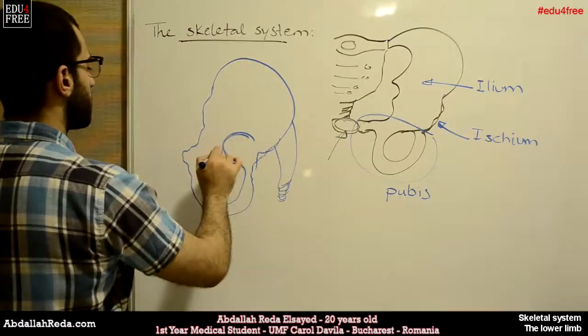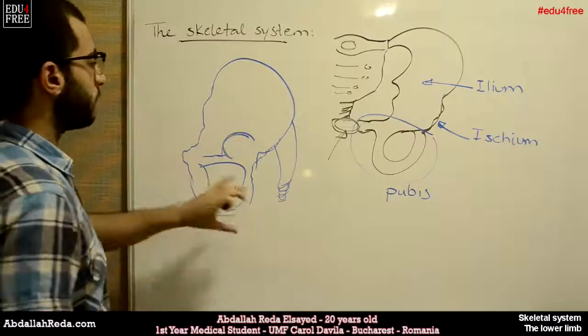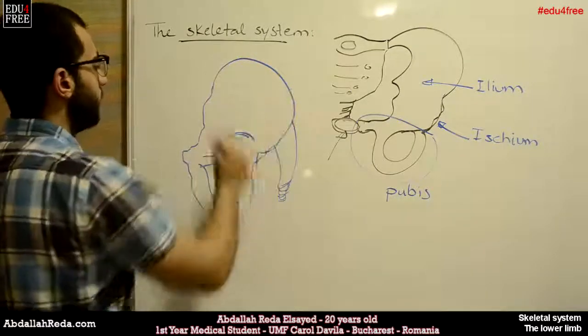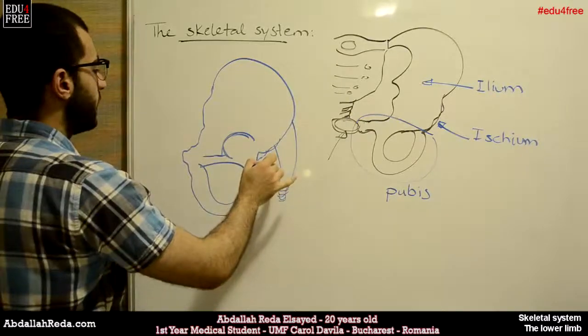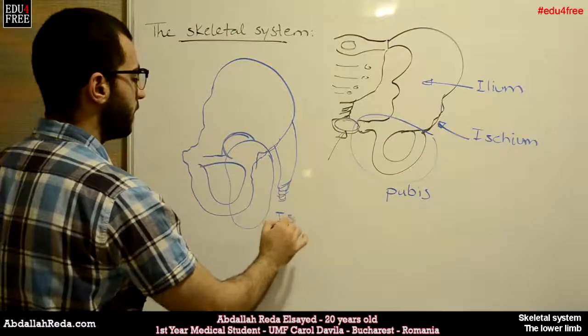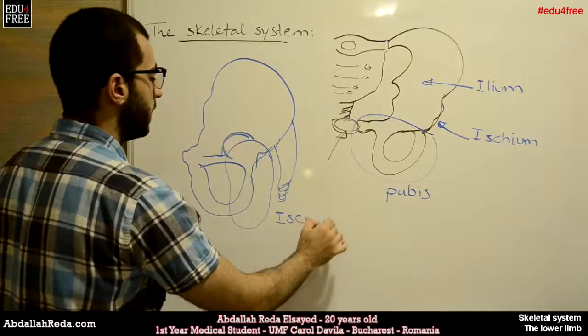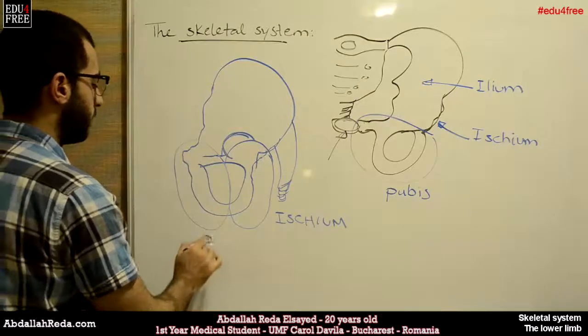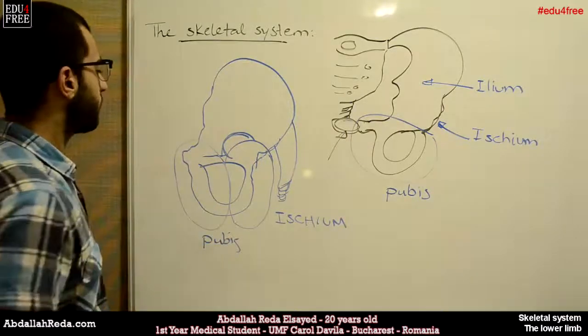It will look something like this. This is a lateral view. Now, this is the ilium, and the ischium is this part. So this is the ischium, and this is the pubis.